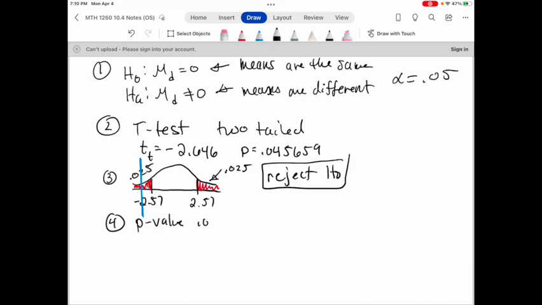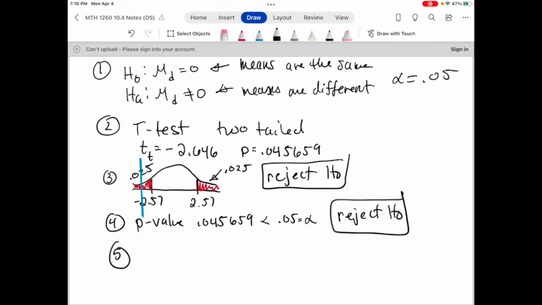Now for step 4, we're going to use the p-value. We got our p-value to be 0.04659, and that is less than 0.05, which is our alpha. So again, because the p-value is less than alpha, we're going to say reject the null hypothesis.